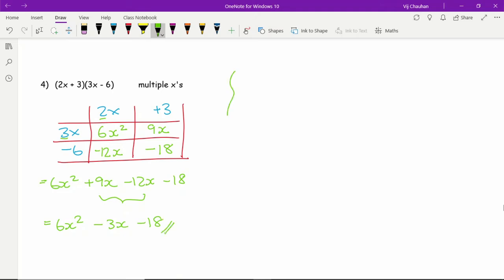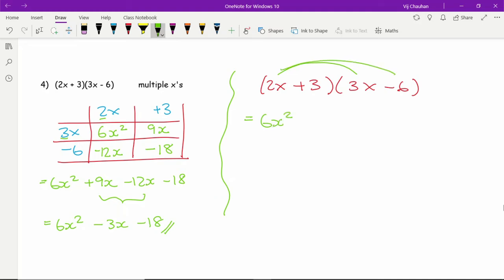Now if I went through the loop method, which again you might find easier to do, let's choose a different colour pen. Let's go for green. So we've got 2x times 3x, which is 6x squared, and then 2x times minus 6, which is minus 12x, and then I've got 3 times 3x, which is positive 9x, and then positive 3 times minus 6 is minus 18.